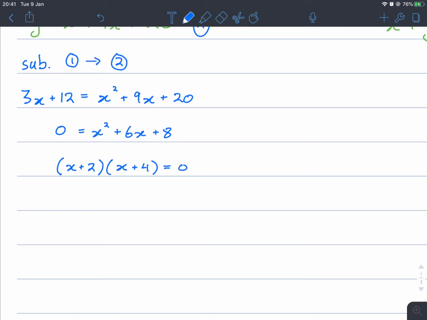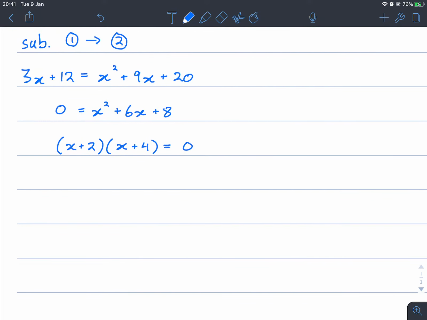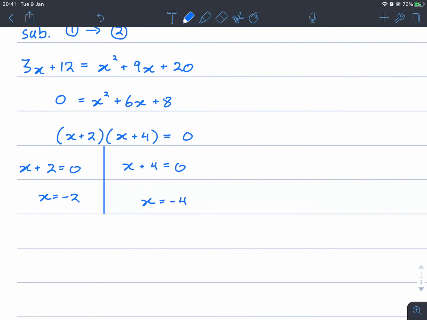I'm just going to move this to the right side just to make this a little bit neater. And from here we can solve this quadratic equation. x plus 2 is equal to 0. x equals negative 2. So that's one x solution. We'll find the other one. And here's my other x solution.